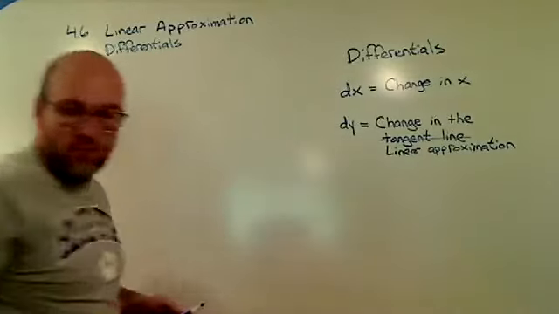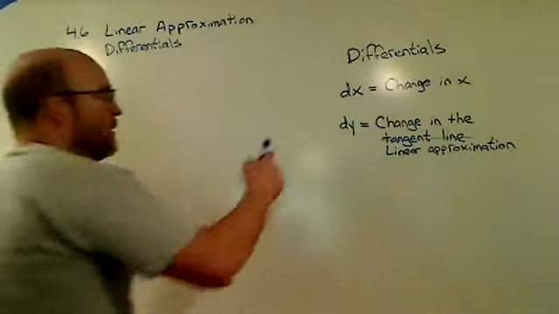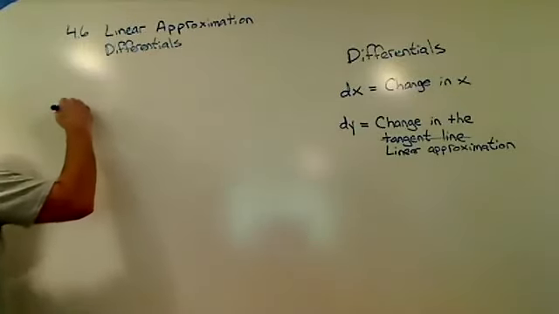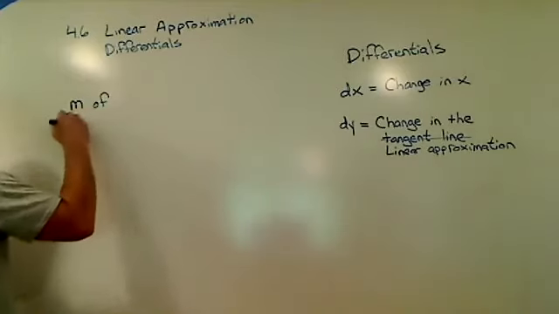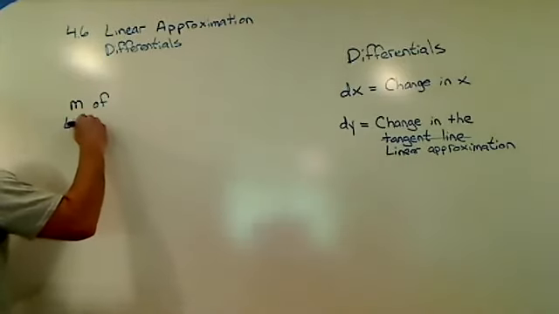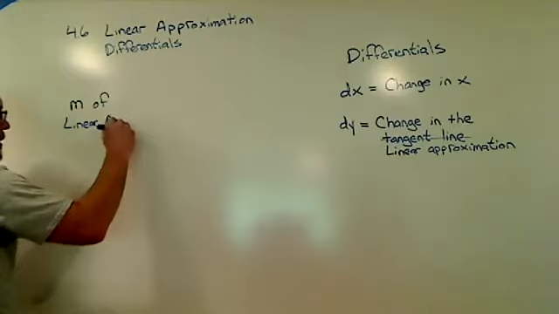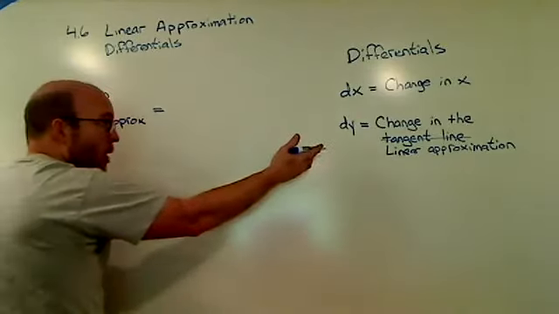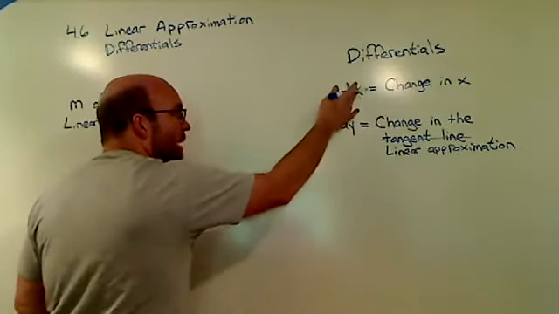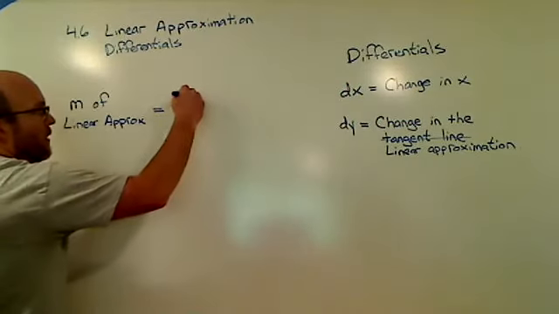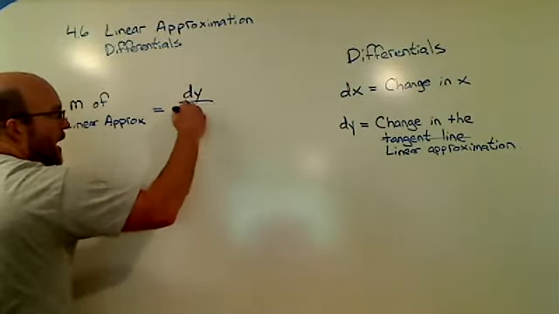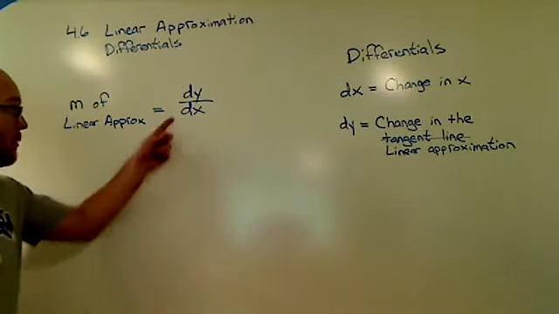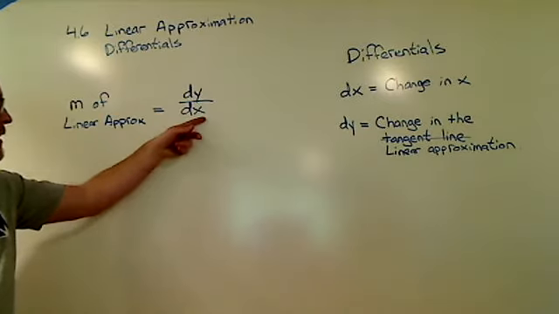Okay, so let's take this one step further. If these are our definitions, then the slope of the linear approximation is just same thing as always. It's the change in y divided by the change in x. So this is dy dx. And just taking a step back, remember, this is one of our different notations for the derivative.